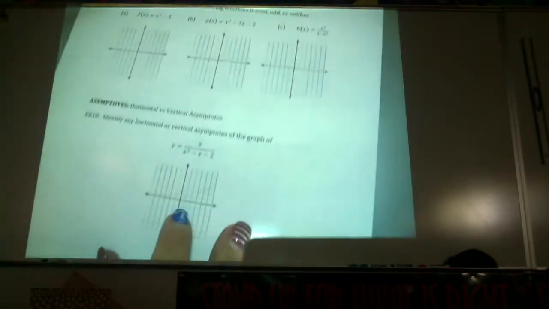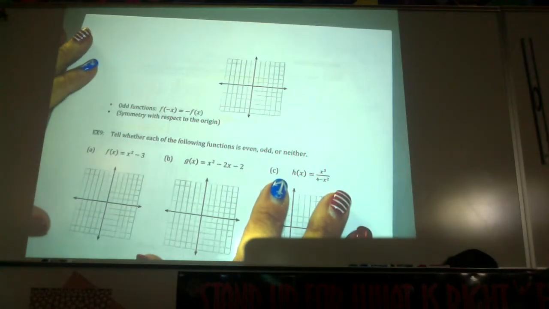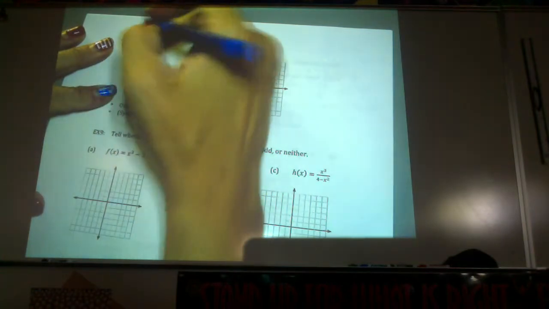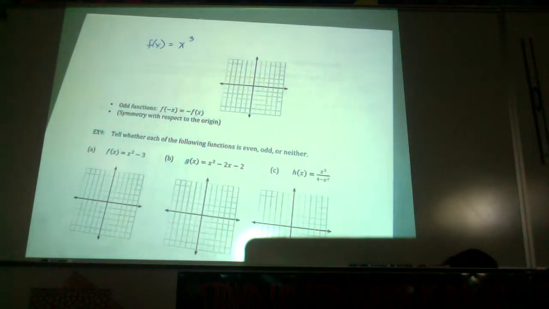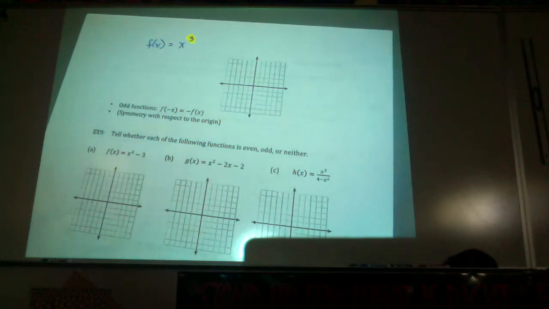All right, let's look at an odd function. So we're going to do the same thing with the odd function. We are going to plug in a -x. So if I have f of x is equal to x cubed, notice that my exponent on the odd function is cubed. When I cube a negative, what happens?